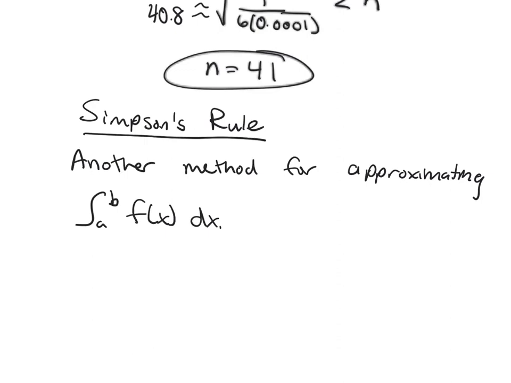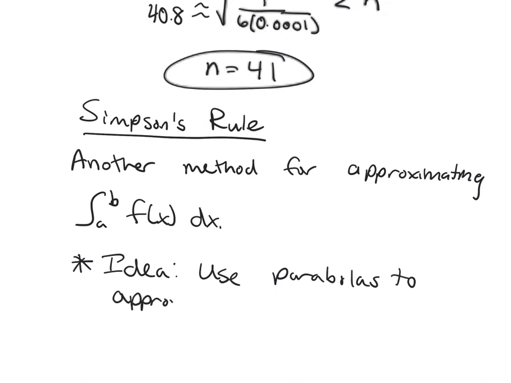So we want to account for that curve, and we're going to use a different object, something that has a curve in it. A parabola has a curve, right? So the idea is to use parabolas to approximate curves.